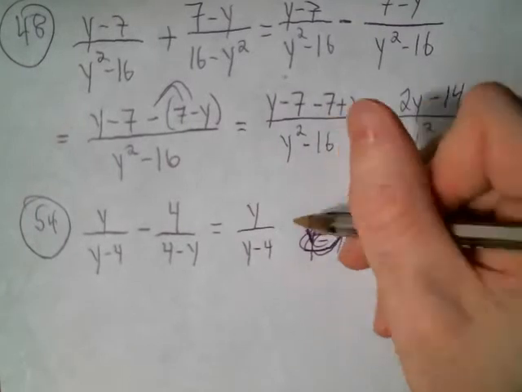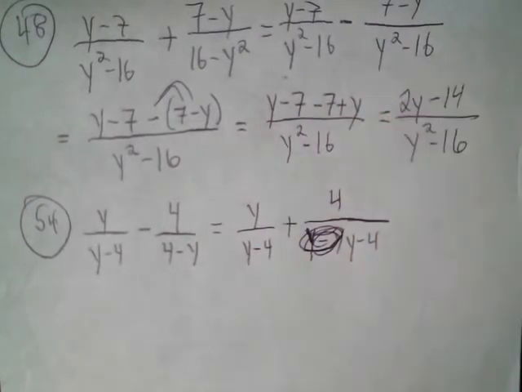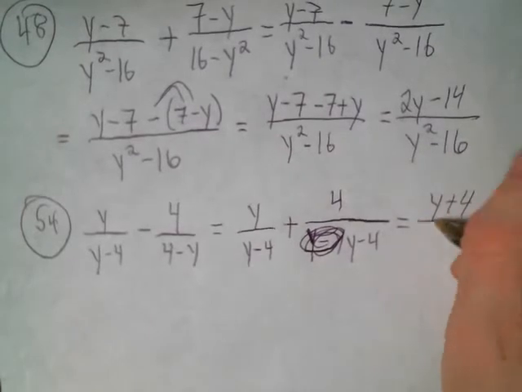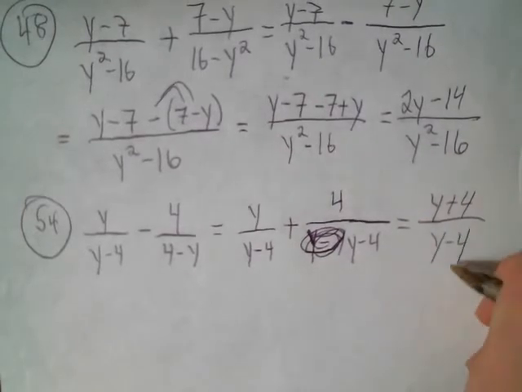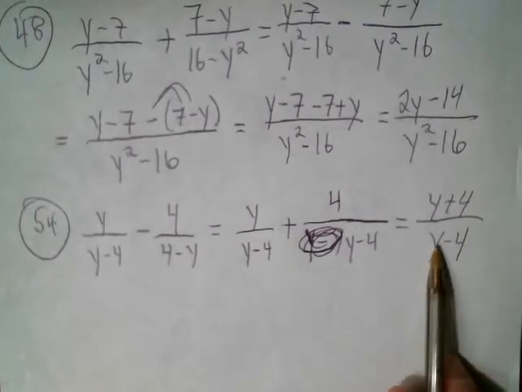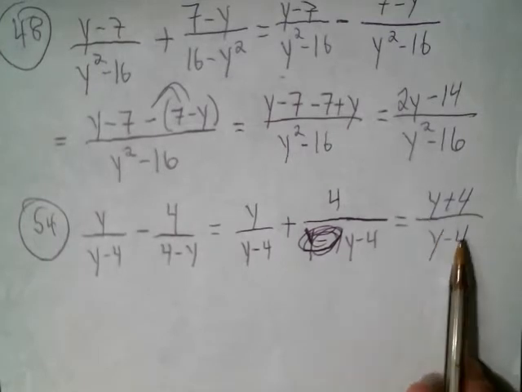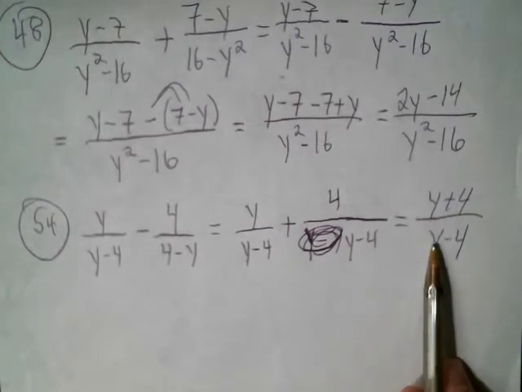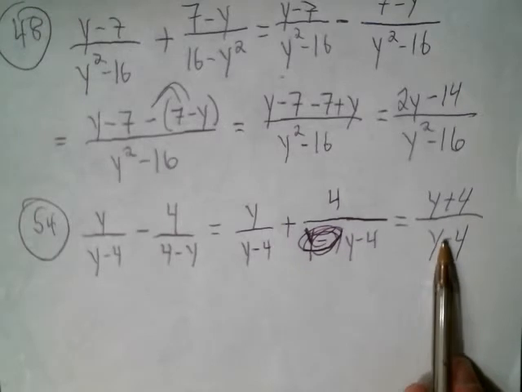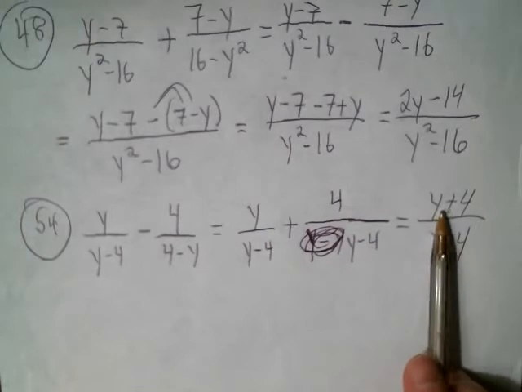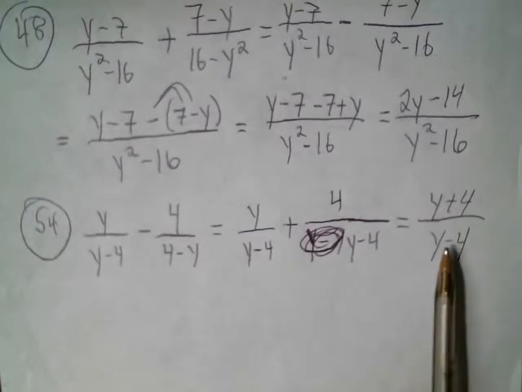And then change the sign from minus to plus. Add the numerators over the common denominator. And that's it. So these kind of look like maybe they're opposites, but they're not. This is the case where they're not opposites because they don't all have opposite signs. So y and y have the same sign. Plus, minus, yeah, those are different, but they all have to be different. If this was negative y plus 4 and y minus 4, then they would be opposites, and you would be able to simplify.